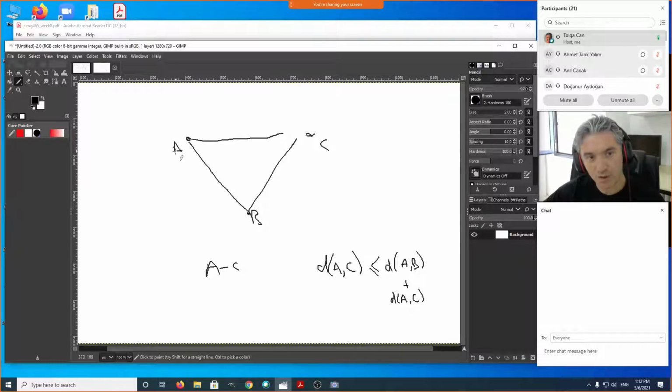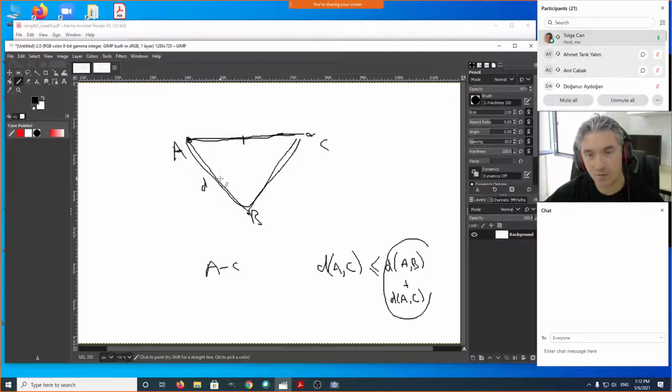So if you go from A to C via some node B, the total distance should be greater than or equal to going directly from A to C. And this triangular inequality holds. The case of equality occurs only if B is on the same line as AC, if they're collinear. But this is for the real distances.